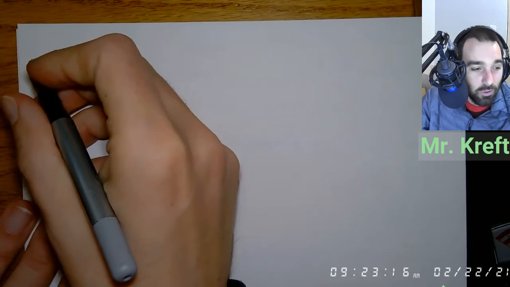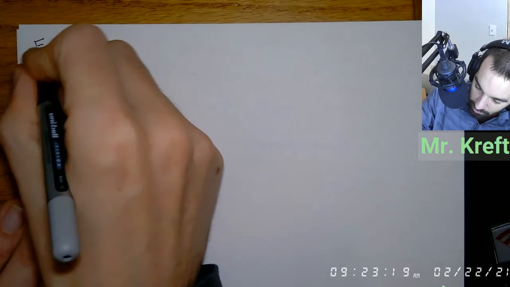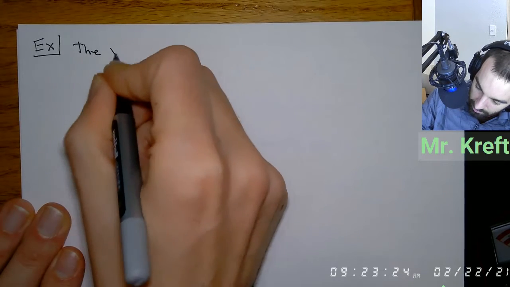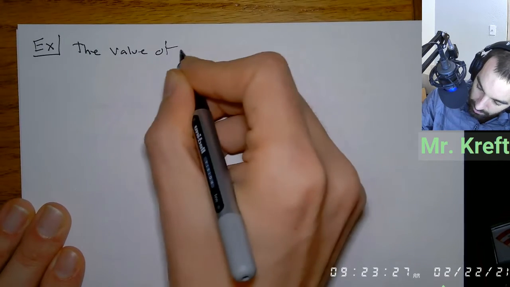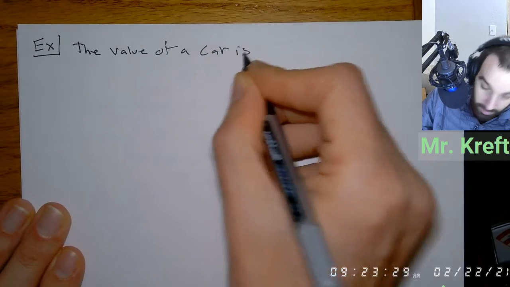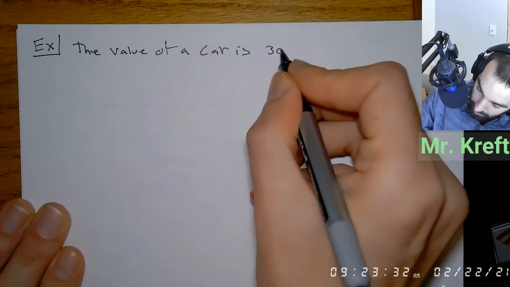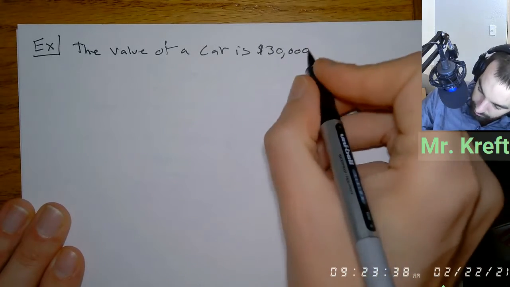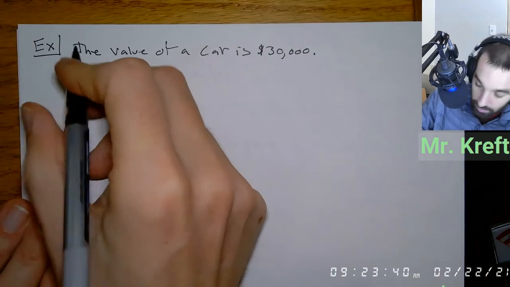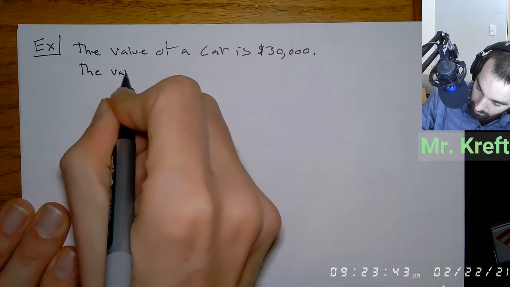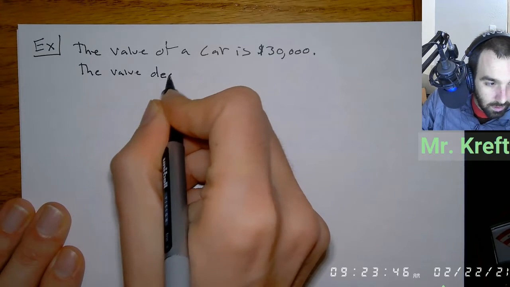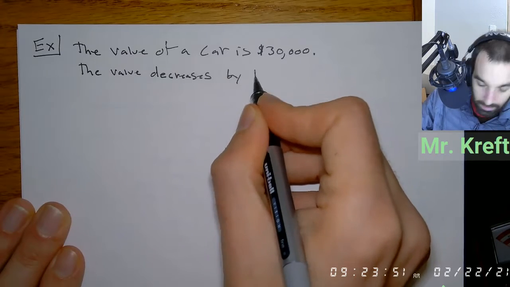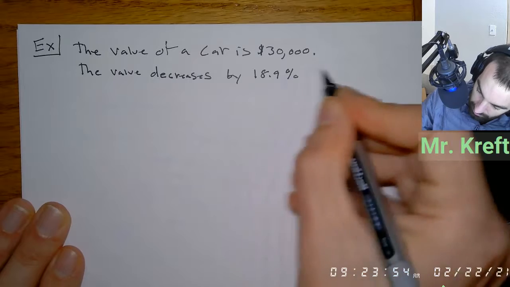We didn't have to round in that one. So if it says to round, then you need to round. Okay, so here we go. Here's your example. I'm so sorry, I thought I could make it work and it didn't. So let's say the value of a car is 30,000. The value decreases by 18.9% each year.